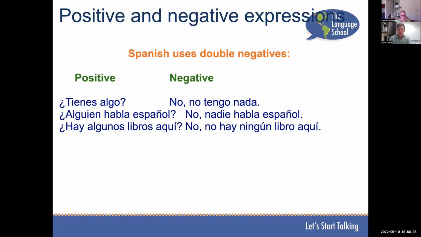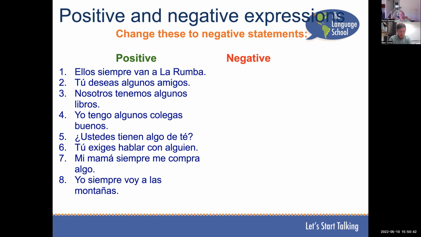There are no books here. Is that right? Yep. No, there are no books here. Okay. All right, so just change these positive expressions into a negative expression. So ellos nunca van a la rumba. Tú deseas, what is it? Algunos.